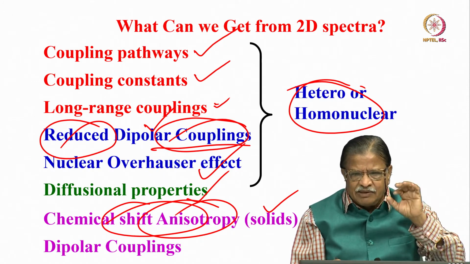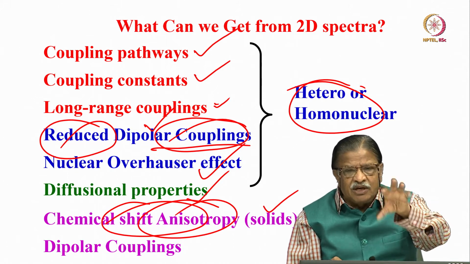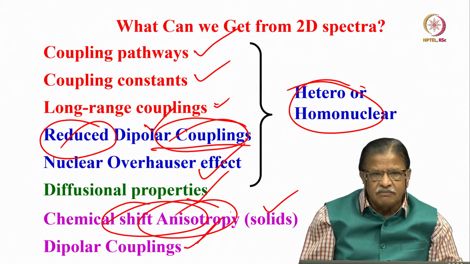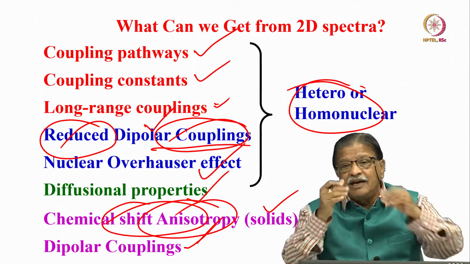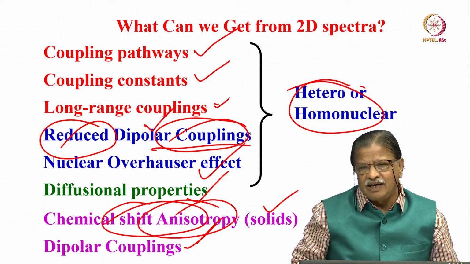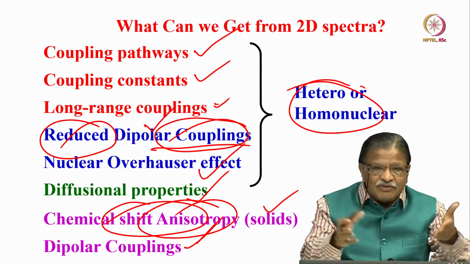That gives you some information. If you get chemical shift anisotropy from the NMR spectrum, that gives you information about the charge distribution at the site of the nucleus. I can measure the dipolar couplings. The advantage is, if I get the dipolar couplings, I can get the distance information. See, so many information content are there. All this can be extracted by varieties of 2D experiments.